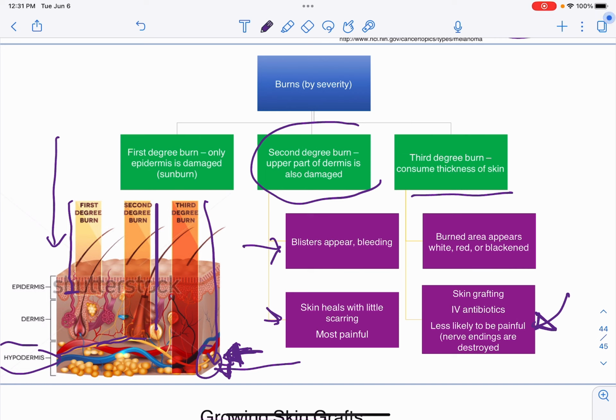However, there is not much you can do about repairing this skin except to get a skin graft, where you take skin from other parts of the body and attach it onto the region that was burned. Second degree burns, even though they're painful, will heal on their own.